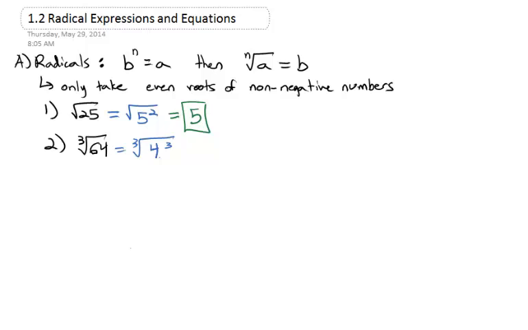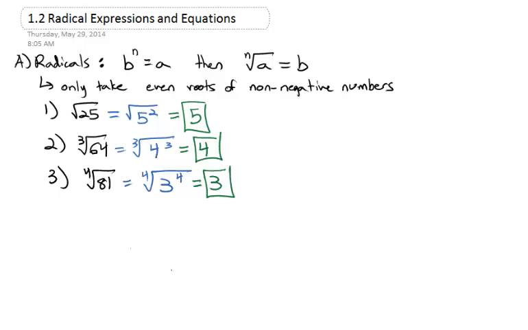And you might recall that 4 to the 3rd power equals 64, so the 3rd root then must be that base of 4. Similarly, if we wanted the 4th root of something like 81, what we're looking for is something to the 4th power. Well, 81 is 3 to the 4th power, so the 4th root then is just the base of 3.